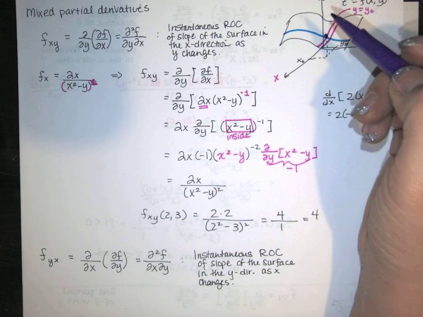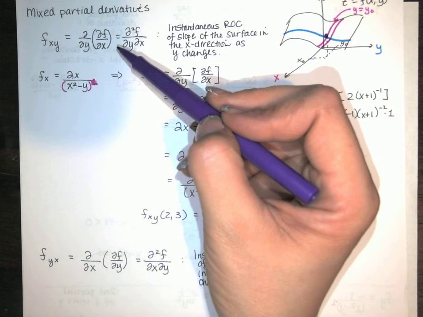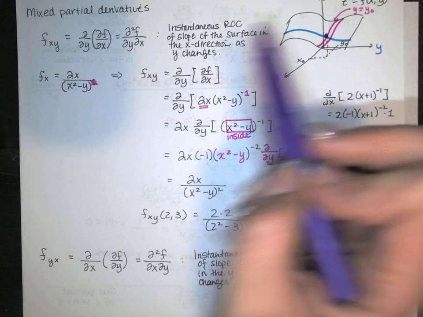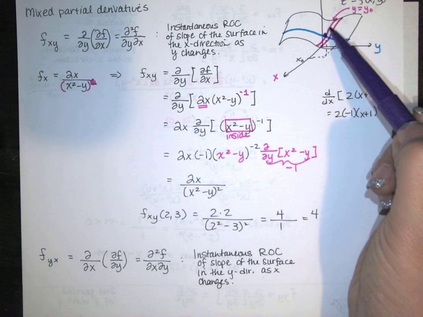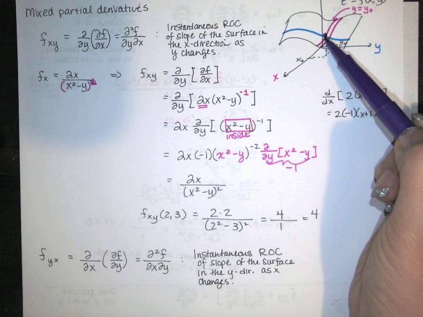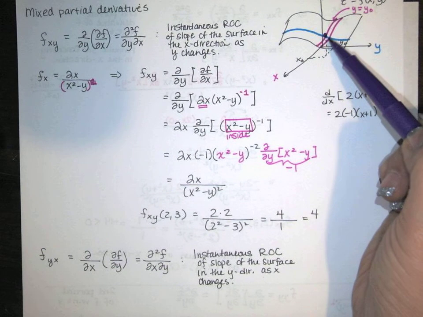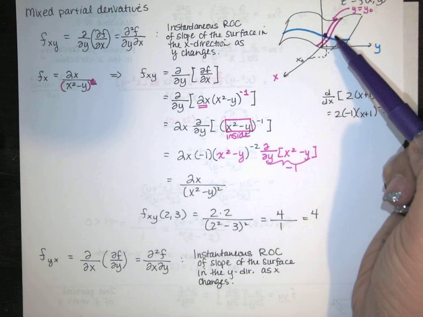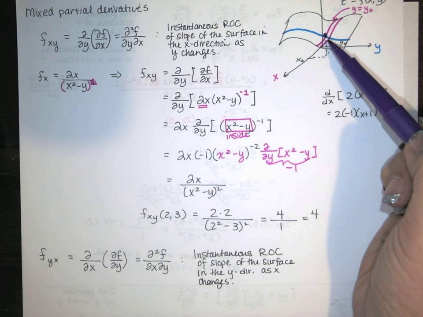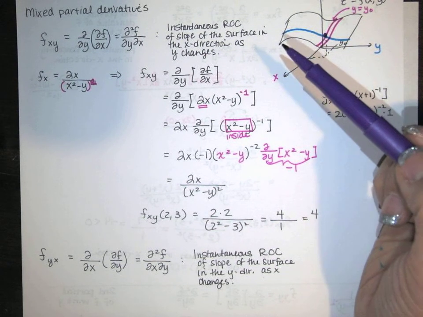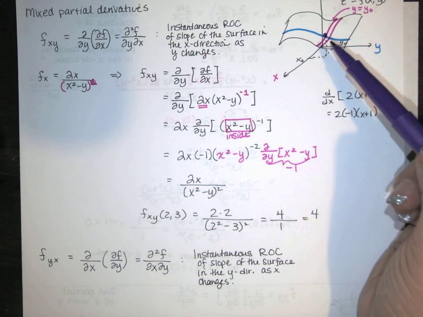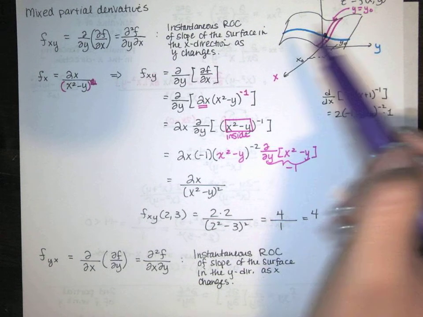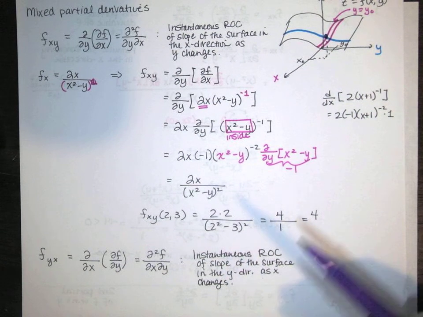When I wanted to know this rate of change, I said, how does the slope in the x direction change as y increases? I found the slope in the x direction at the purple dot, and then I went 1 unit in the y direction and I found a slope in that direction. And I said, okay, well, how are the slopes changing? Of course, we're talking about instantaneous rate of change, but still, this helps you. It's an estimate. It'll help us to estimate this rate of change over here.